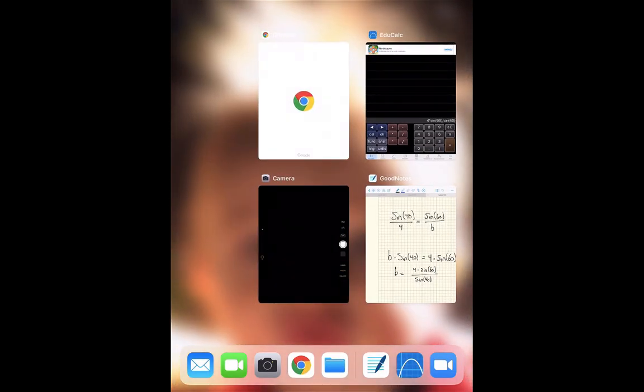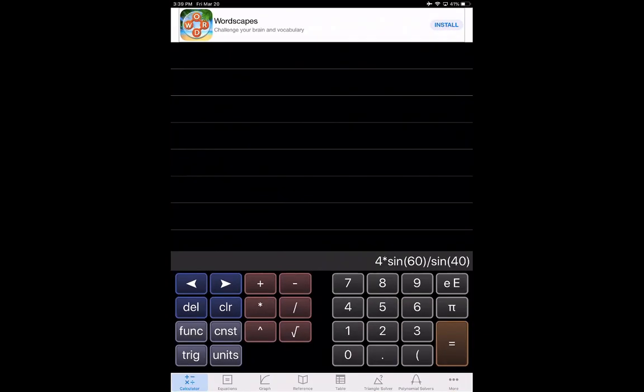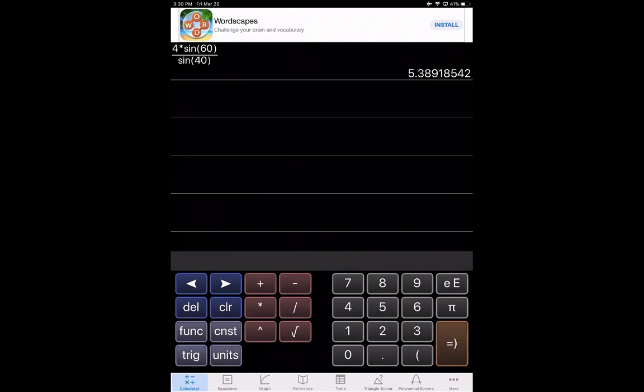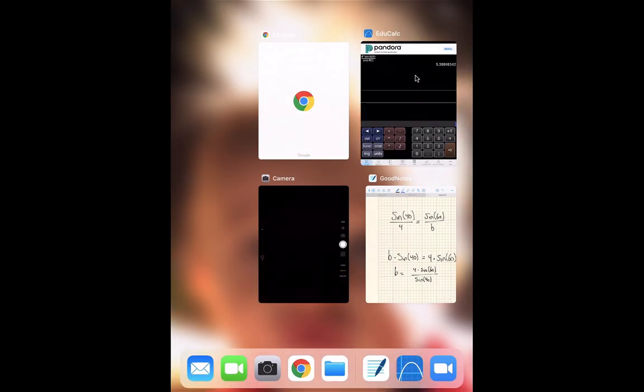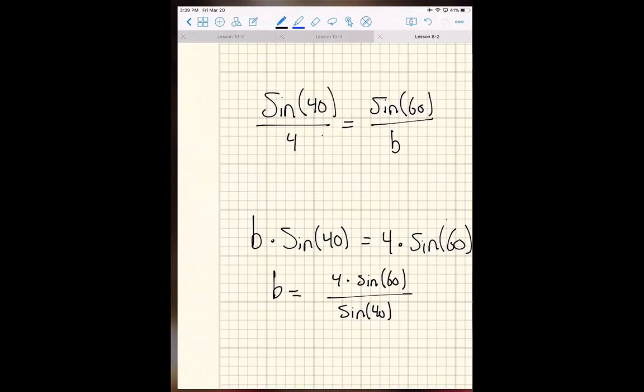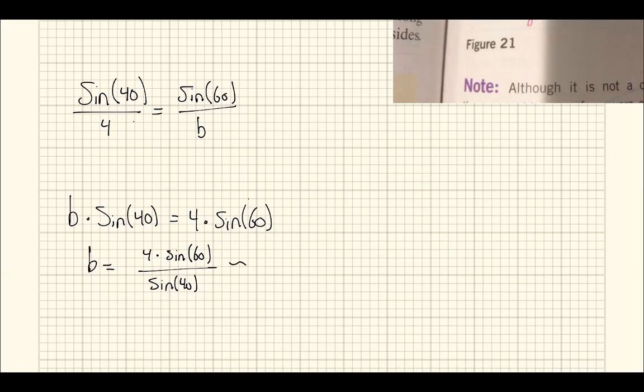Sine 60 over sine 40. That's what we have. Hit enter. We have about 5.389. We'll say 5.39 for that one. So B is about 5.39.